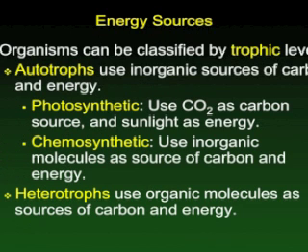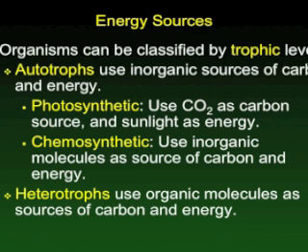The organisms, or plants and animals, that make up the biosphere can be classified into different categories, such as trophic levels or feeding levels. And the first group are the autotrophs. Auto meaning self and troph meaning feeding, so self-feeding organisms.